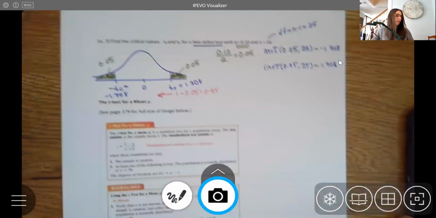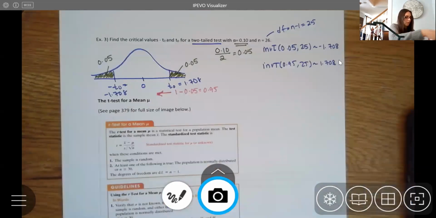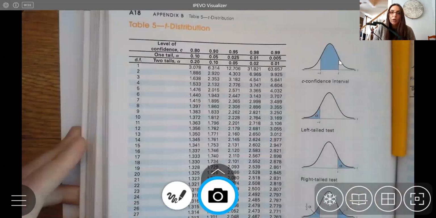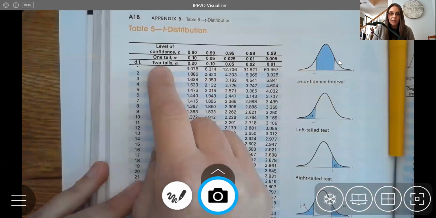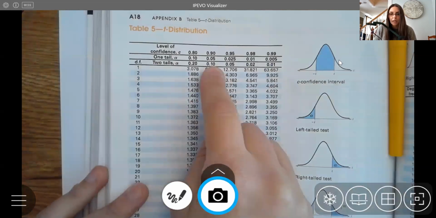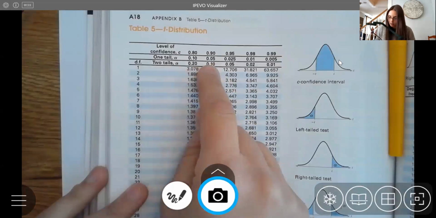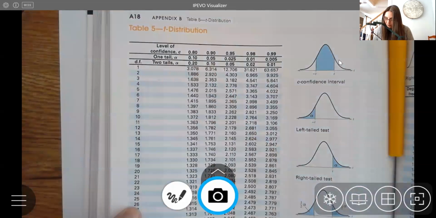Now for the table, bring that over one more time here. So here you just want to be careful. We are using 2 tails now, right? It's a 2-tail test. So the amount in 2 tails was 0.10. So you're doing the total alpha in the original 2 tails. And our degrees of freedom was 25.